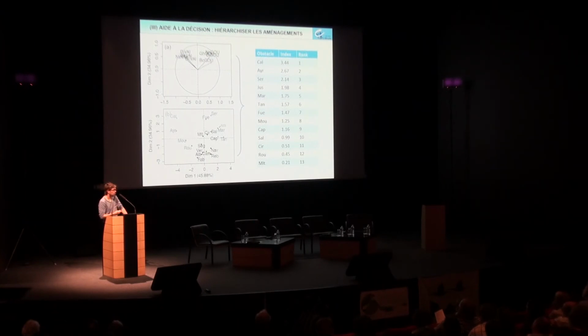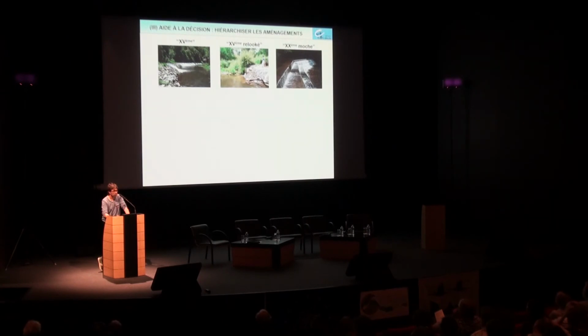So here we have got a problem with the first one and the last one with a few problems for the crossing of the species. So the ranking, an objective ranking of these obstacles on this basis.